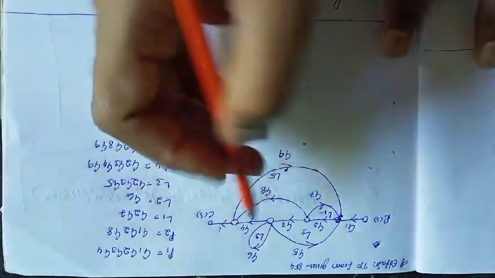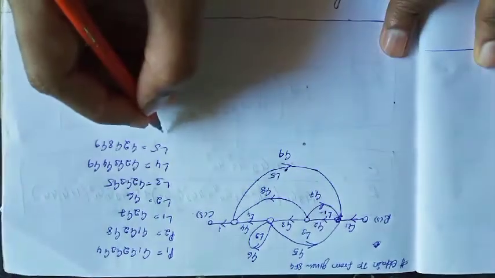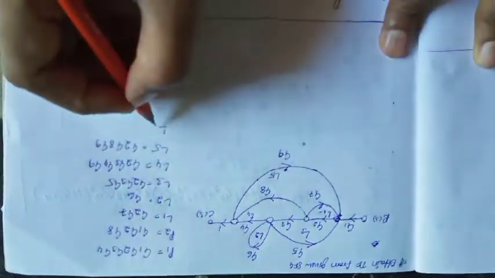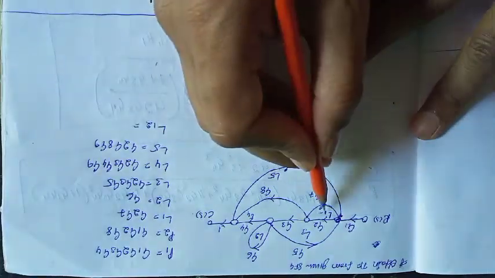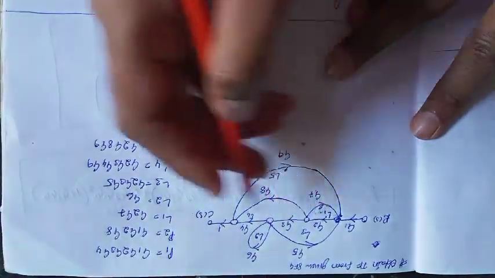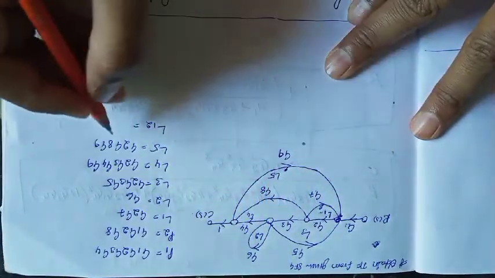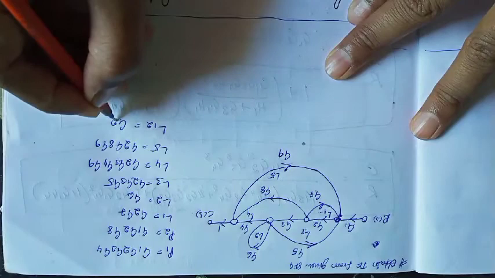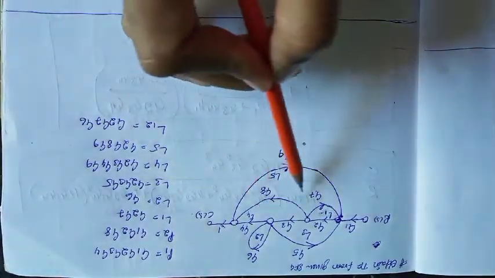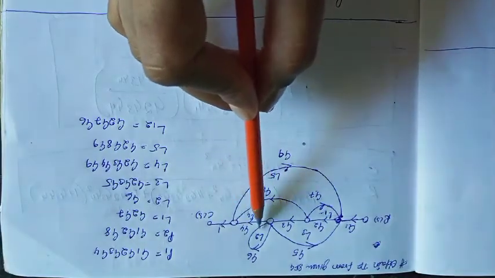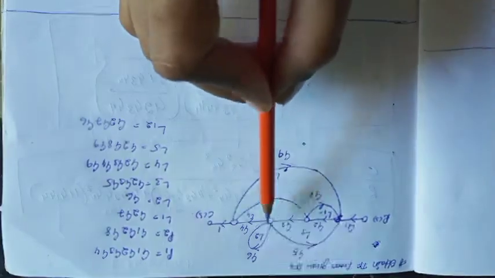The remaining ones are all touching individual loops. Therefore, there are two non-touching loops, L1 and L2, this one and this one, and we write the gain by just multiplying these two. It is nothing but G2, G7 and G6. The remaining ones touch the same nodes, hence only two non-touching loops.